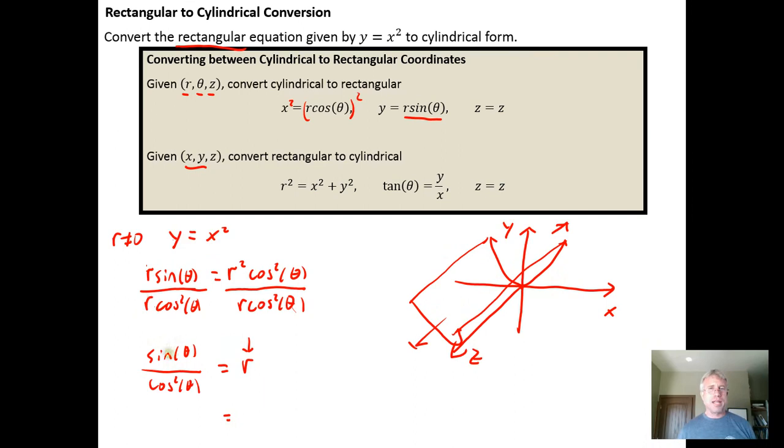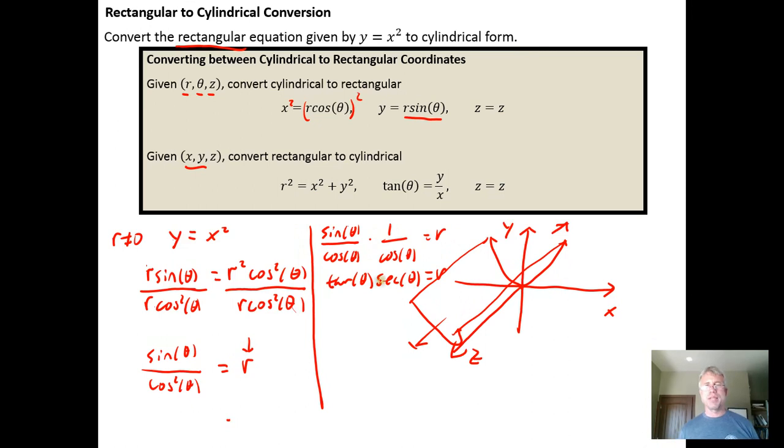And we could leave it like this or simplify it by recognizing that this can be rewritten as sine theta over cosine of theta times 1 over the cosine of theta equals the radius, and then sine over cosine would give me tan theta, and 1 over cosine would give me secant of theta equals r.